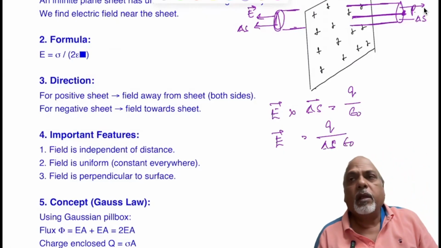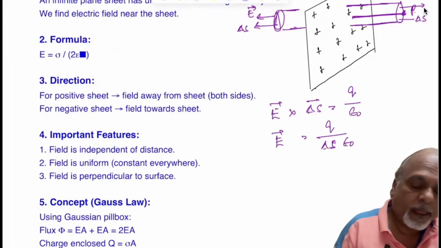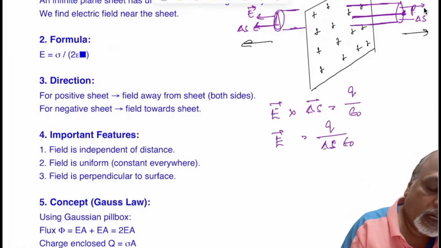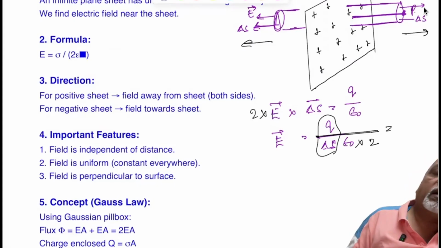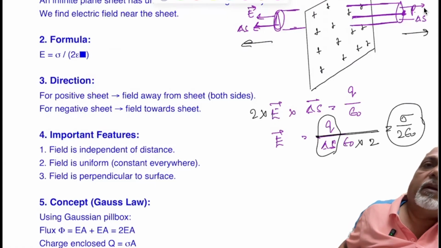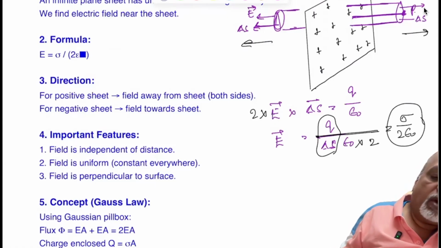But here you see, since there are two surfaces, one in this direction, another in this direction, you have to multiply the denominator by 2. What is Q upon delta S? It is nothing but the charge density, correct? Sigma upon 2 epsilon 0. This is the electric field at a perpendicular distance at any point.